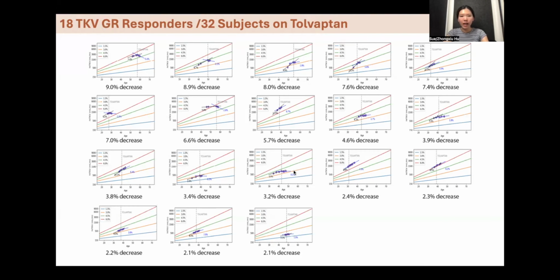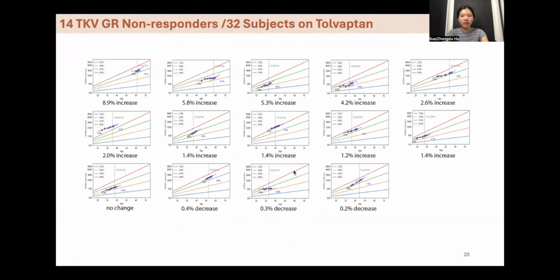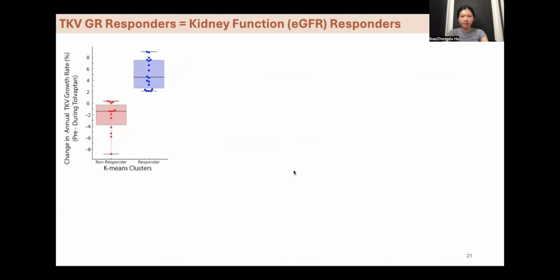So, in order to answer this question, we found 32 ADPKD subjects who were rapid progressors who took tolvaptan and had 2 years or more imaging follow-up before and after taking tolvaptan, and 18 of them were kidney growth rate responders. Unfortunately, the other 14 of them were kidney growth rate non-responders.